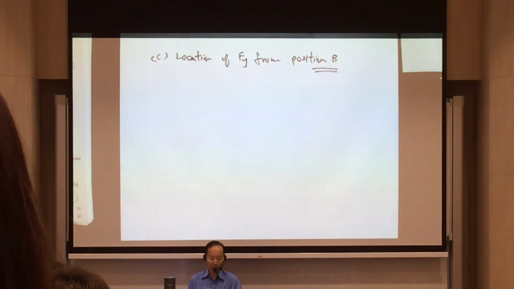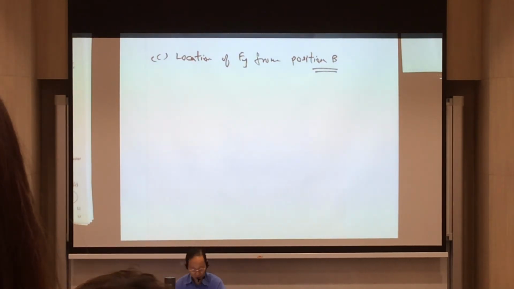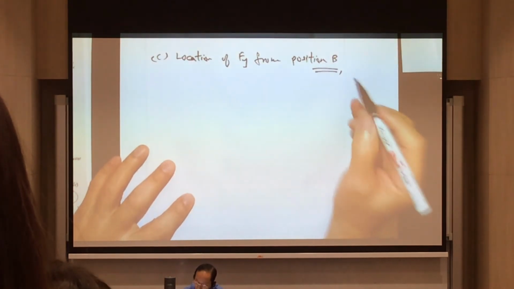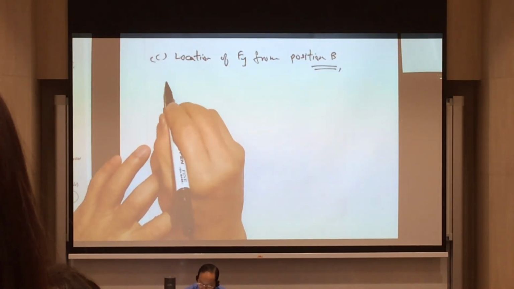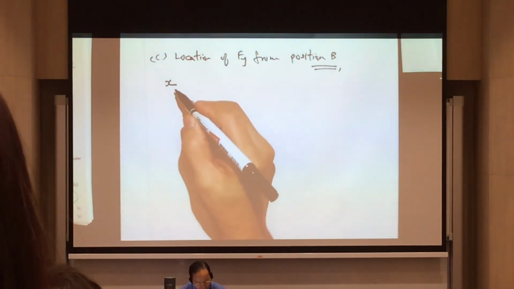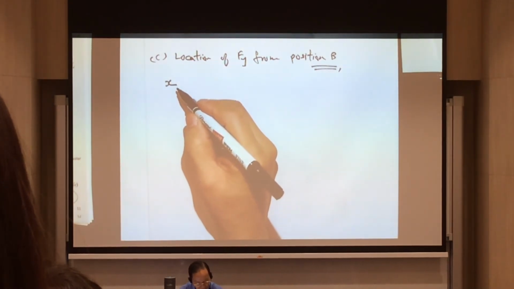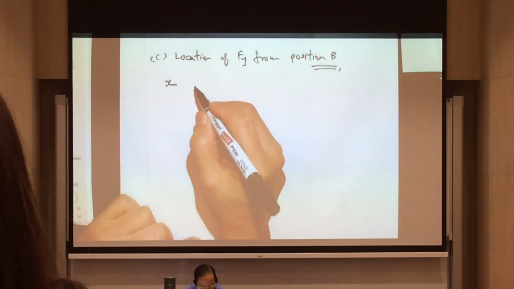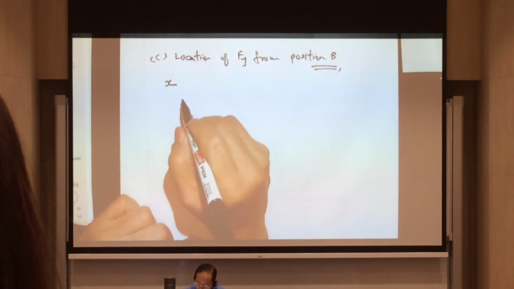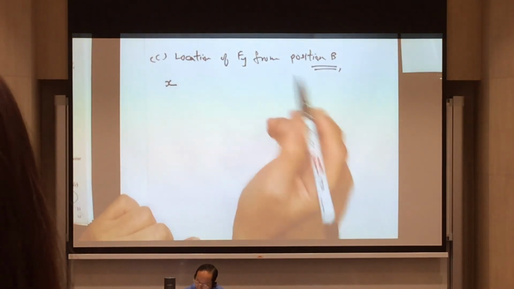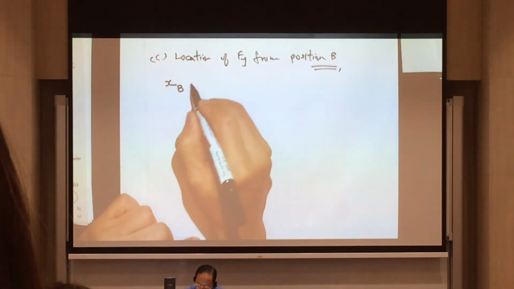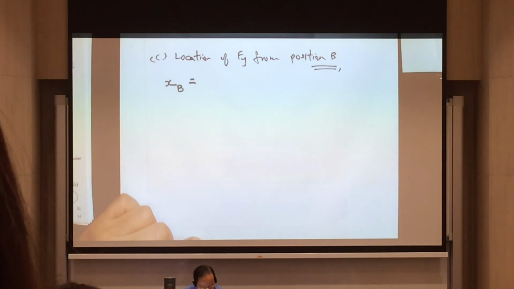It must be from some reference, because it cannot be from the origin anymore, since this is a vertical force. From position B, and let's call it X. So we call it XB, so we know it's from B.